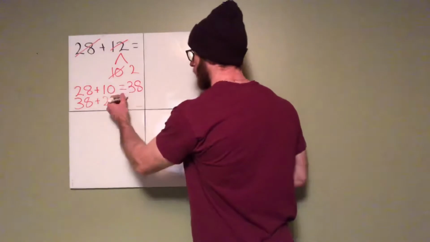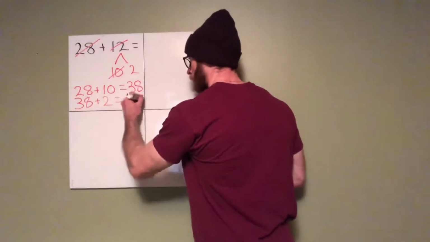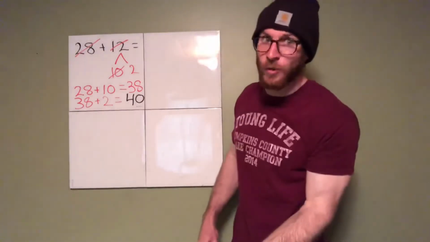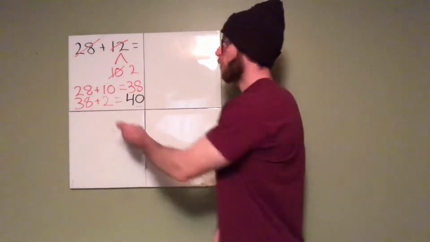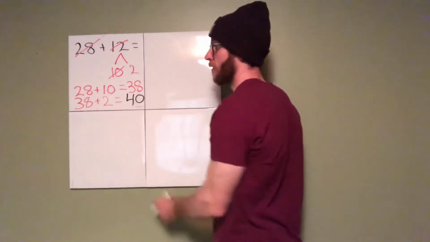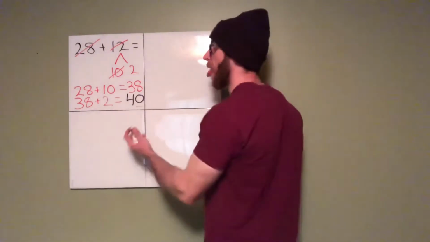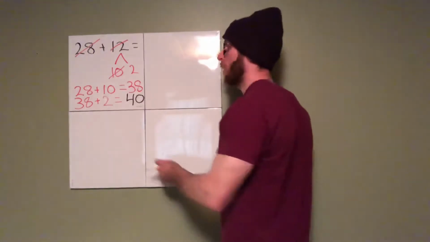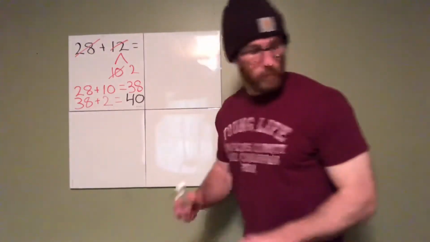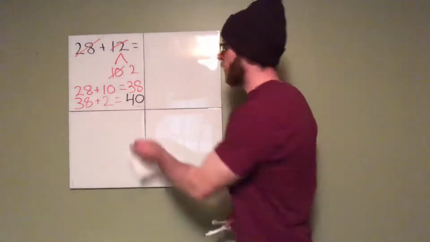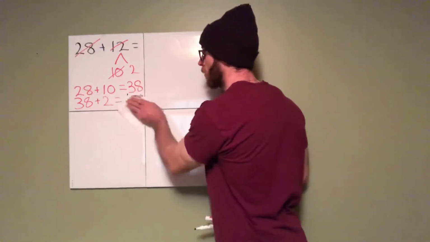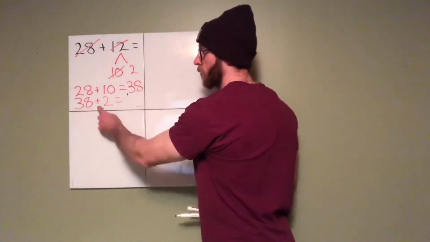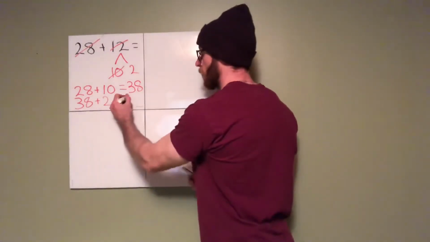I'm going to write this one in black, because we have 3 10s plus no 10s. 2 isn't a group of 10 yet. It's not enough. So we still have the 3 10s. And this is where it gets tricky when we have to add that extra group of 1s on. Let me erase this for a second to make it a little more clear. If I were to work my way across here and just do 3 10s plus no 10s, I'd get 3 10s.